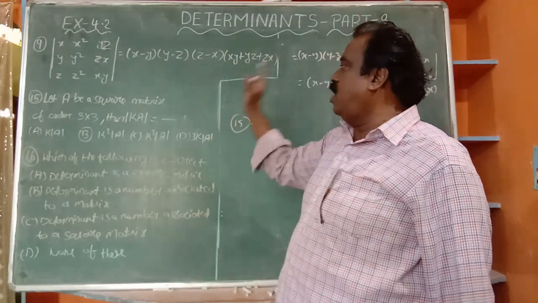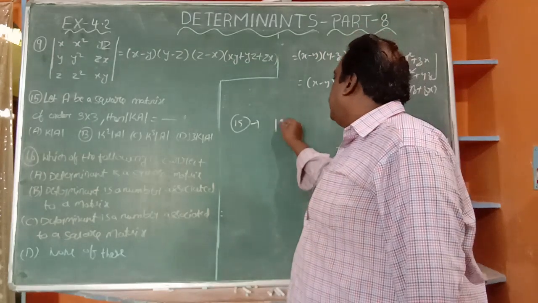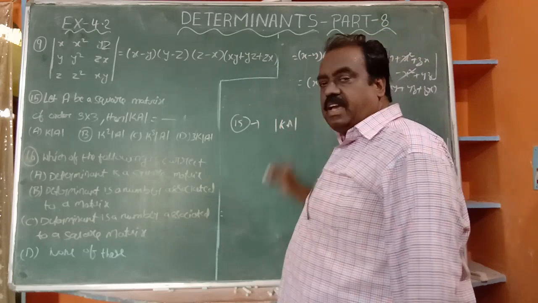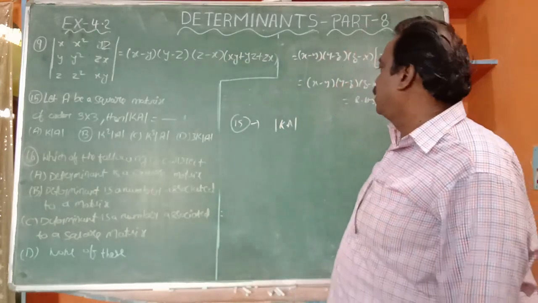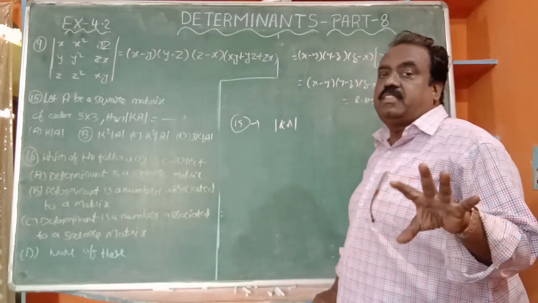Let A be a square matrix of order 3 by 3. Then the determinant of kA, where k is a constant, K into A, A is a square matrix of order 3 by 3.